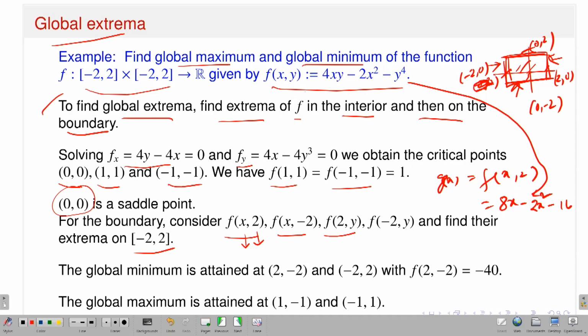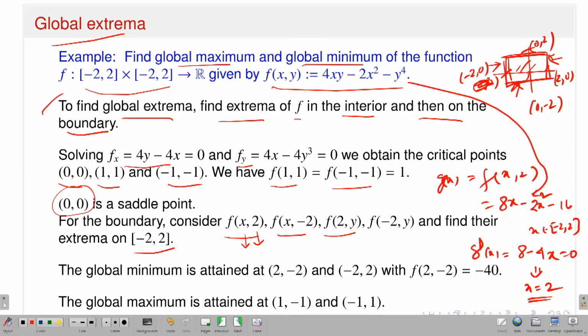So this is my function defined on the interval -2 to 2. You just get the critical points. Again, take the derivative of g. The derivative g'(x) is 8 minus 4x, this is equal to 0, that gives you x equal to 2, correct? So the corresponding critical point is x equal to 2.